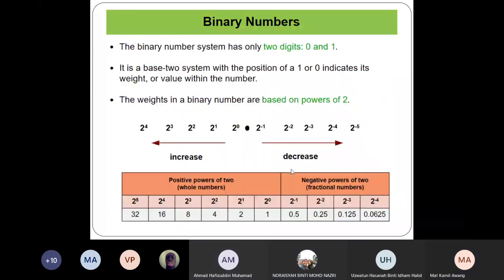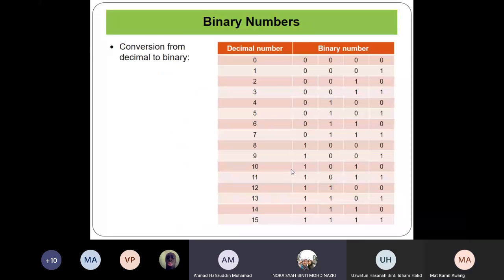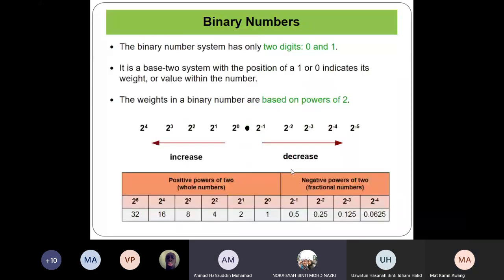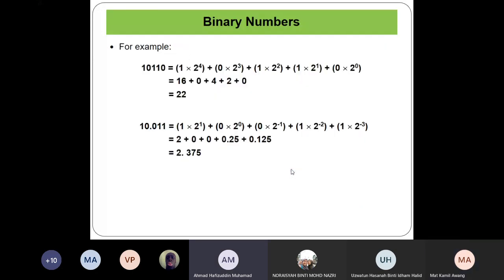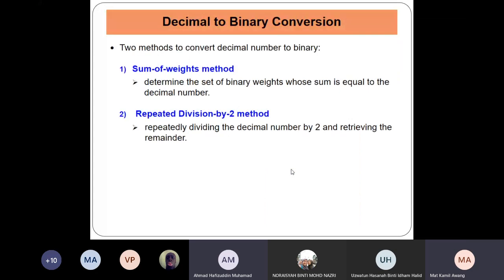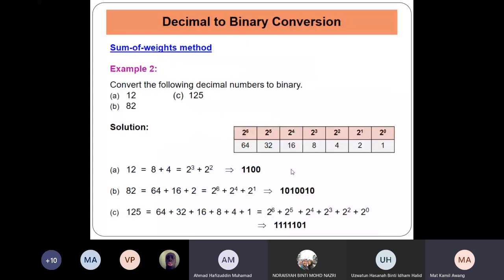Bukan, table besar. Yes. This one is basically you convert the decimal to binary. You can use two methods to do. Oh, faham sir. Basically you can use this method or sums of weight method or repeated division by two method. Okay? Okay, faham sir.